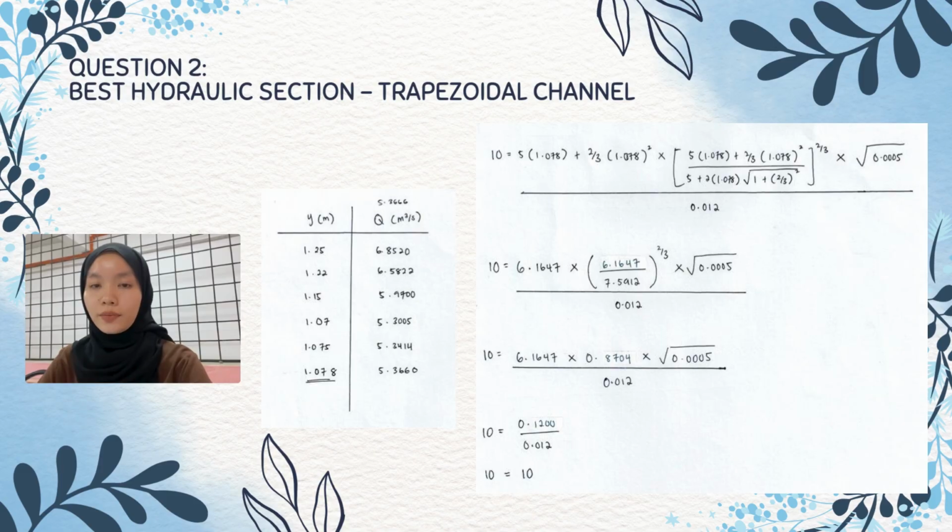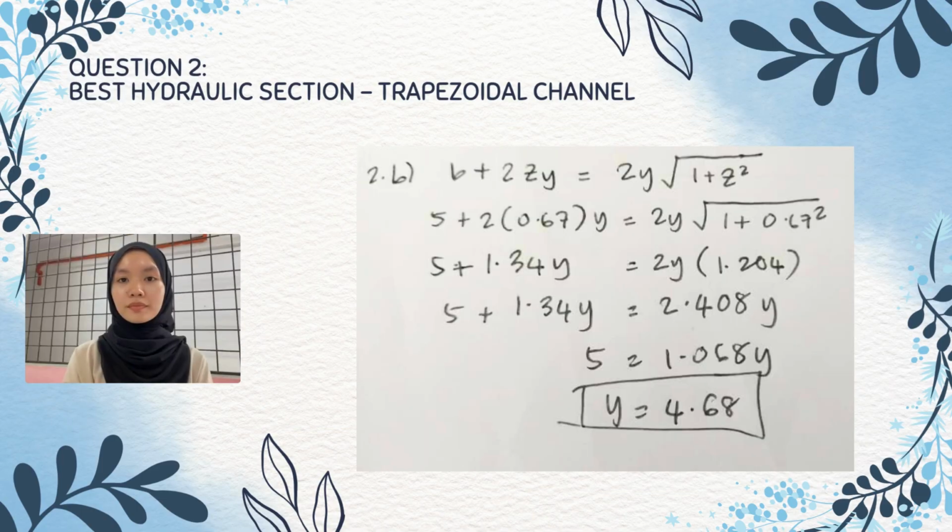And lastly, we have to go through the full Manning's equation again to verify how the flow was calculated, and finally we will get the final answer, which is 10 equals to 10. Now we have to find the water depth Y for best hydraulic trapezoidal cross-section based on the given side slope.